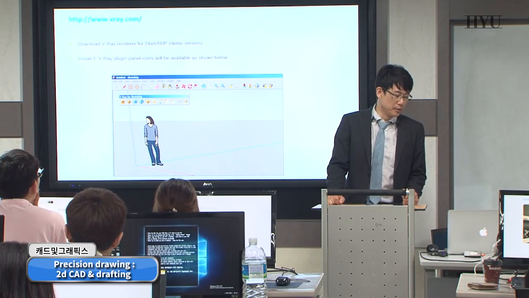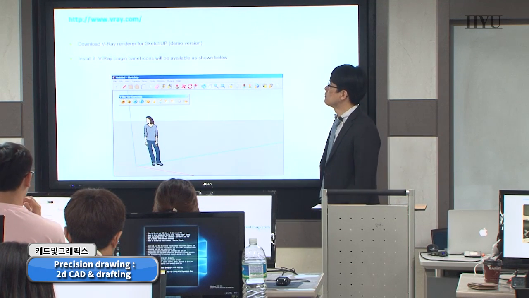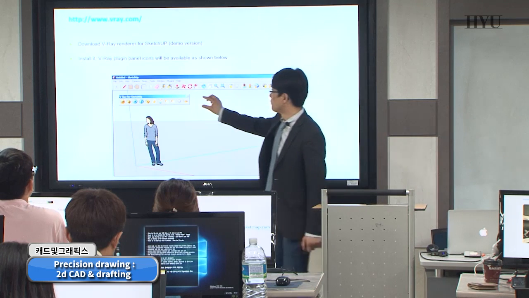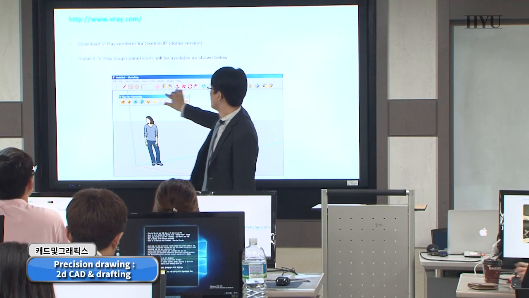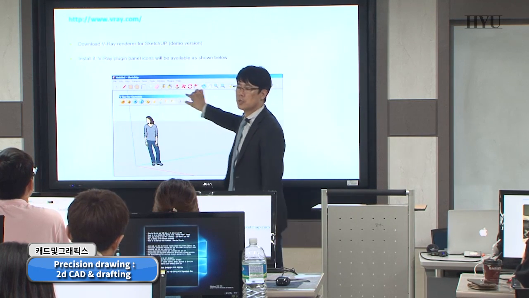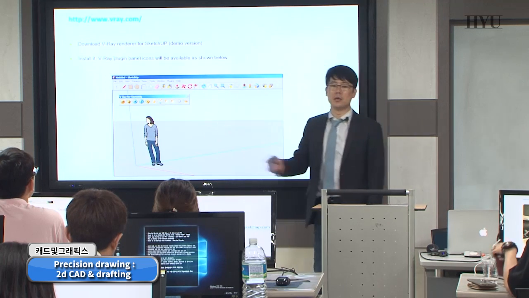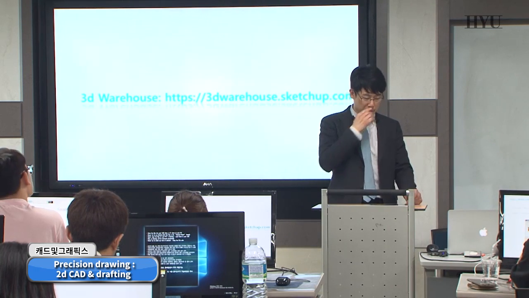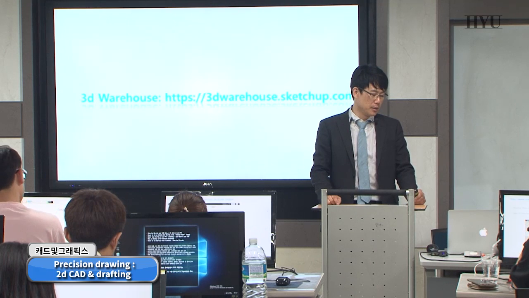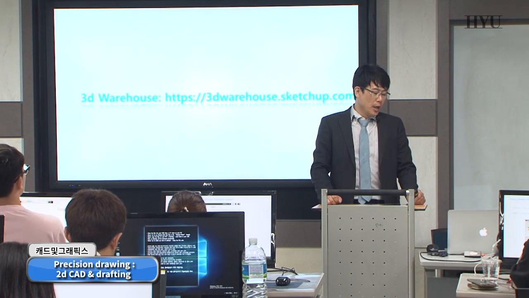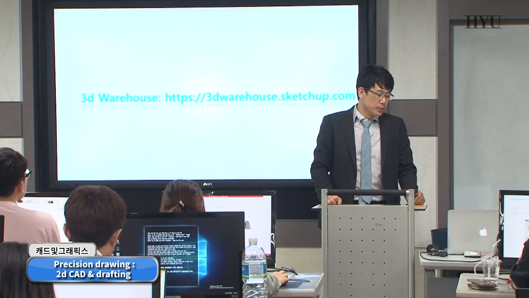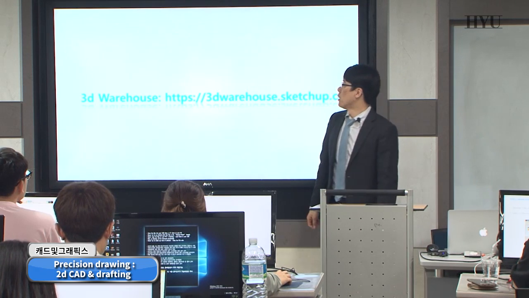Getting this kind of rendering tool, at vray.com you can get the V-Ray renderer, this one, okay? We're going to use the demo version in our class for developing some lab exercise hours, okay? Demo versions.